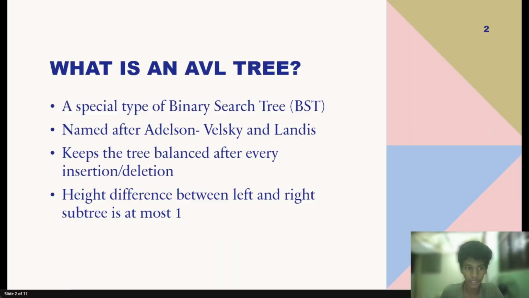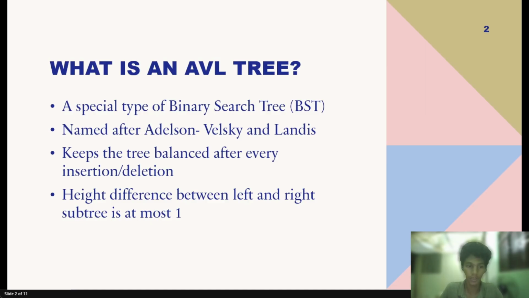So what is an AVL tree? An AVL tree is a self-balancing binary search tree, also known as a BST. The name AVL comes from its creators, Adelson-Velsky and Landis. In a normal BST, if values are inserted in sorted order, the tree can become skewed like a linked list. That makes operations slower.